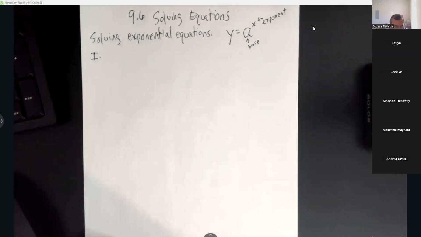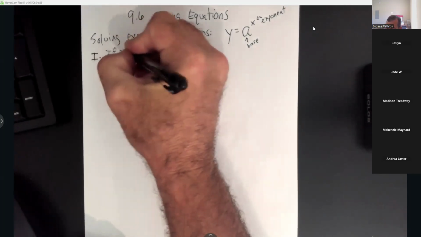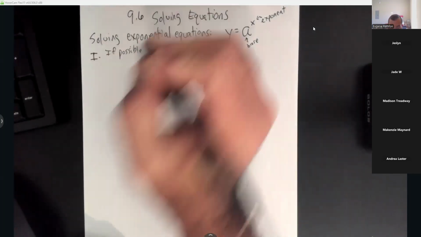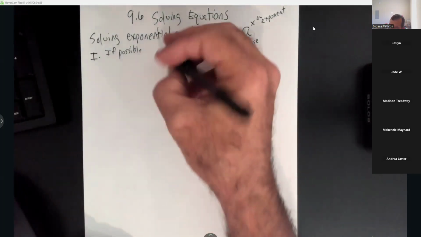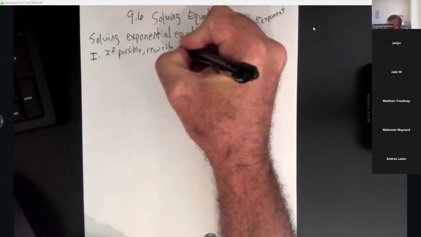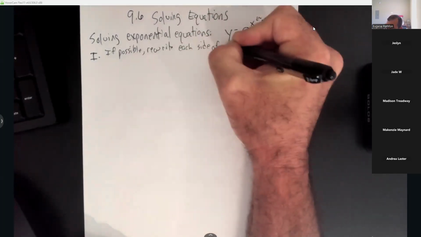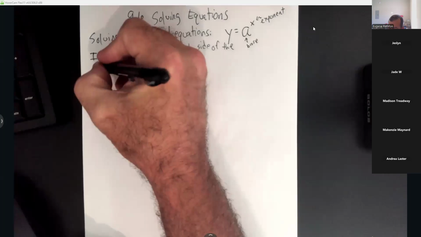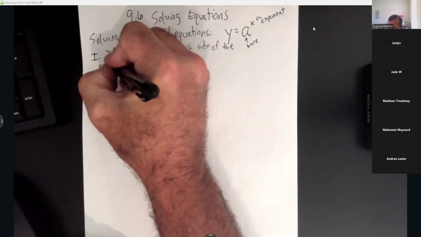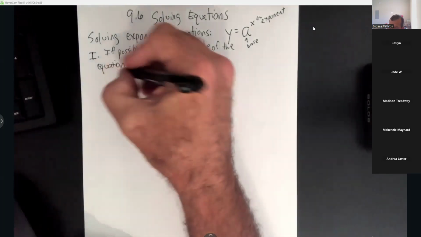Hey, y'all, so the first thing, if possible, rewrite each side of the equation using the same base.